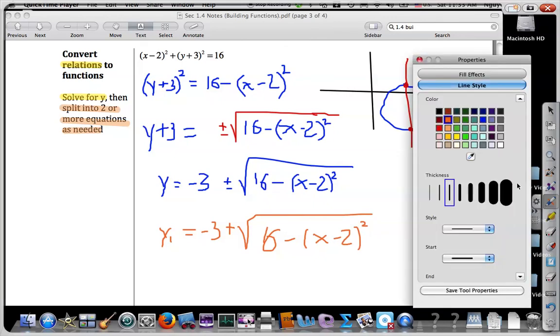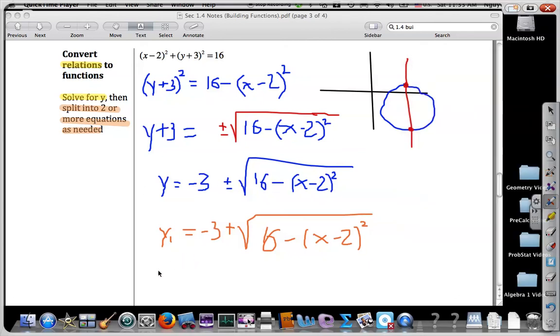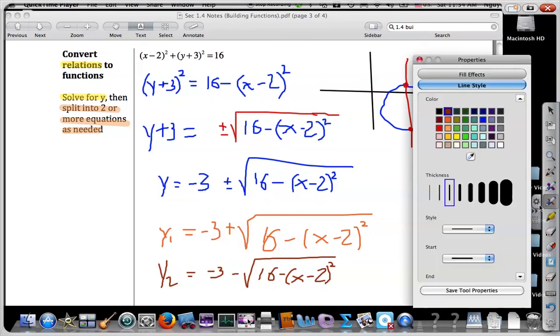And then I can say that y2 is -3, and this time minus the square root of 16 minus (x - 2)^2. And this entire thing will be my final answer.